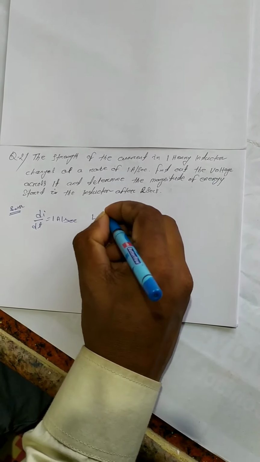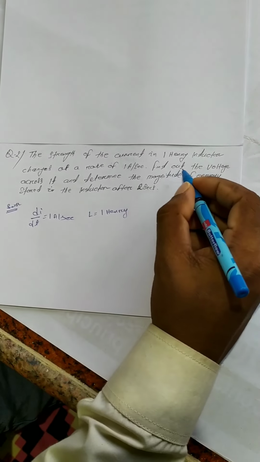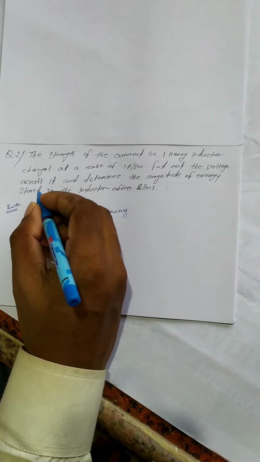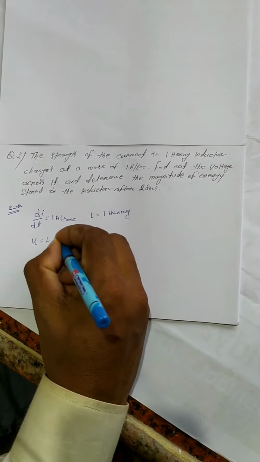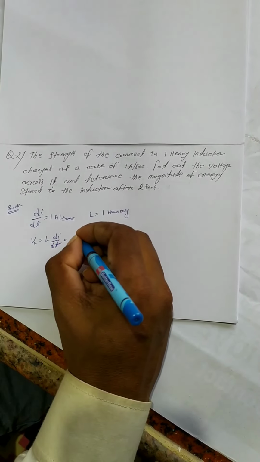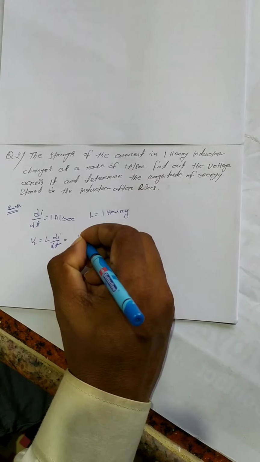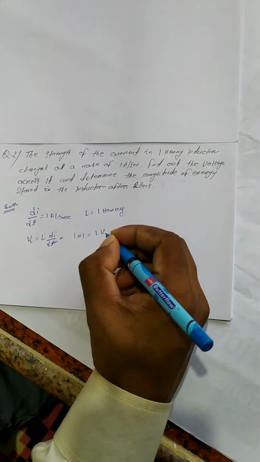Inductor is L equal to 1 Henry. Find out the voltage across it. Okay, the formula for voltage VL is equal to L di by dt, which is equal to L is 1, di by dt also 1, which is equal to 1 volt.